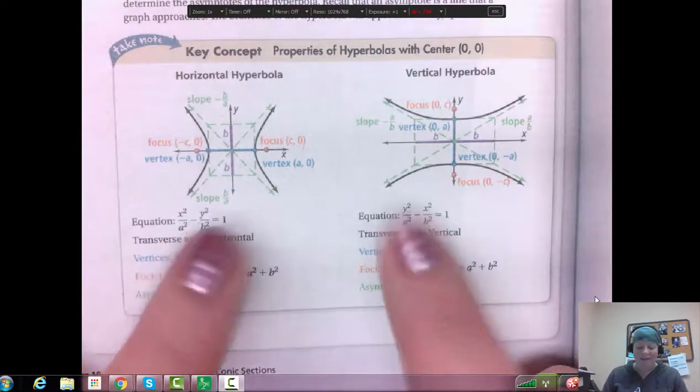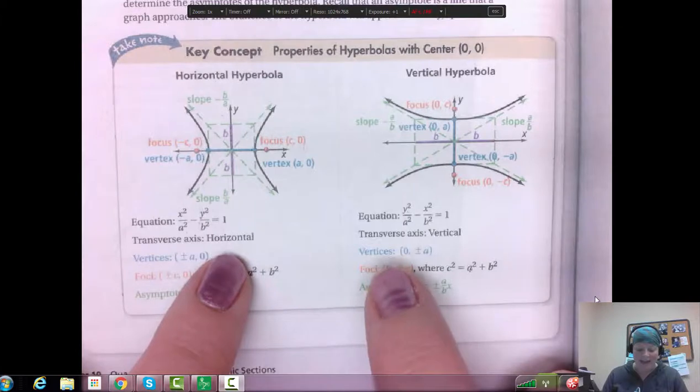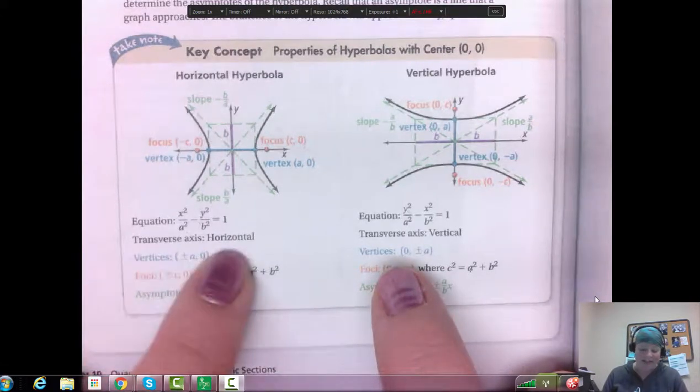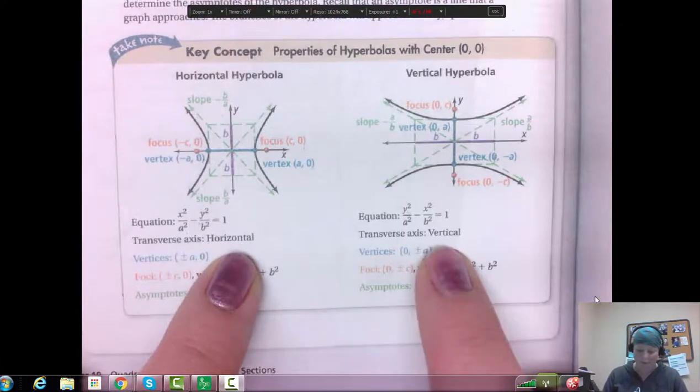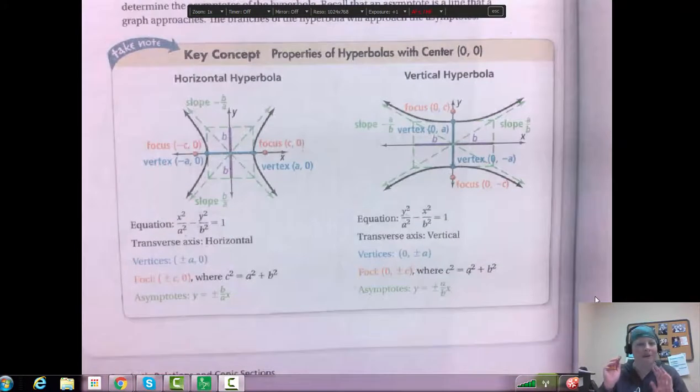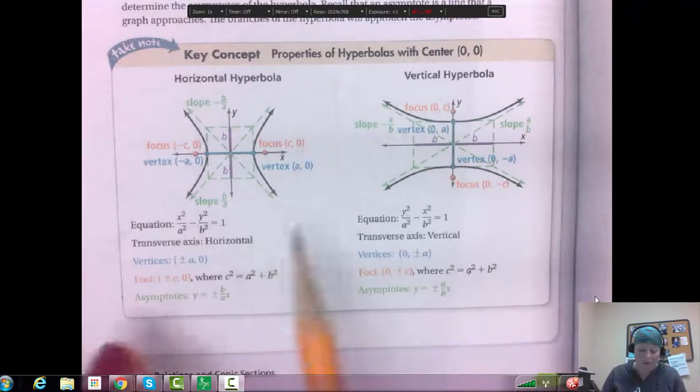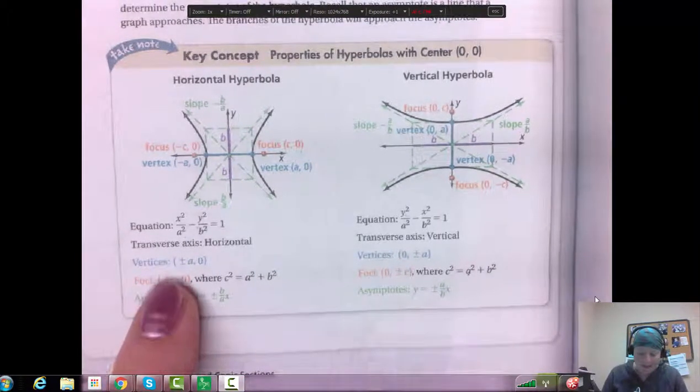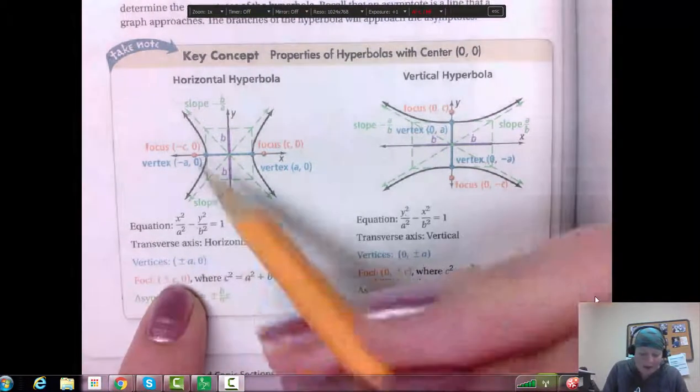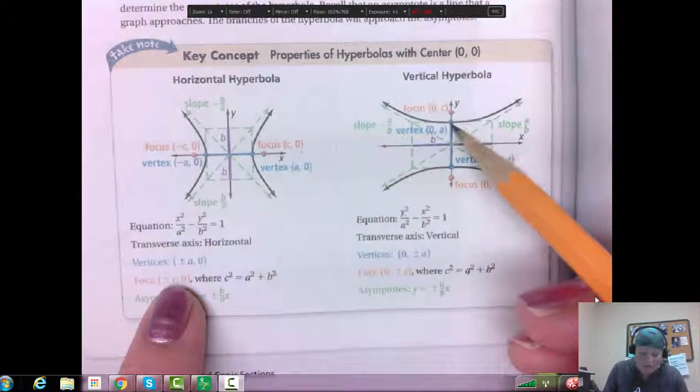When we look at these shapes, we look at whether the transverse axis is horizontal or vertical. So it lines up with our horizontal or vertical. Our vertices are where you go out and start your shape.